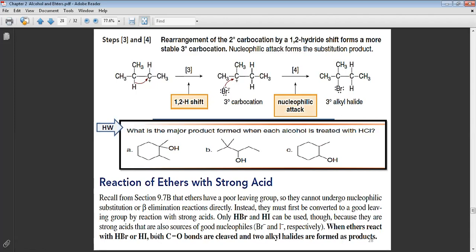He said both carbon-oxygen bonds are cleaved, meaning broken, and 2 alkyl halides are formed as products. So the final result from the ether will be 2 alkyl halides.